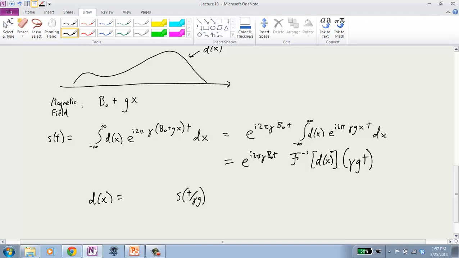Then we just multiply by this thing, which is really going to serve as just shifting d, because remember that if you multiply by a complex exponential before taking a Fourier transform, you just shift. Okay, and then it's the Fourier transform, right? Is this correct? I think so.